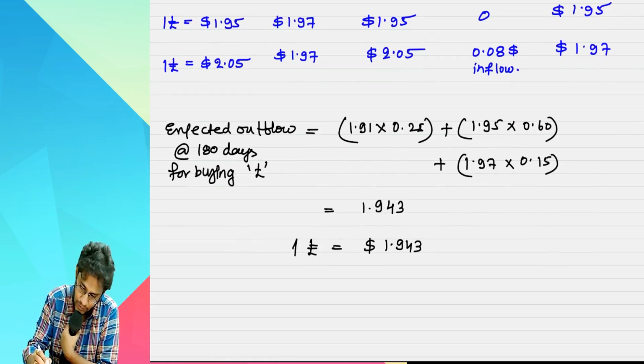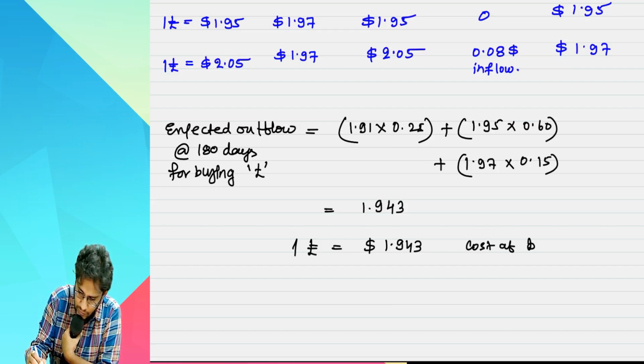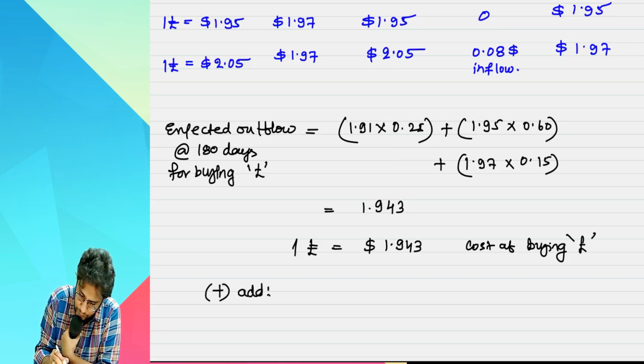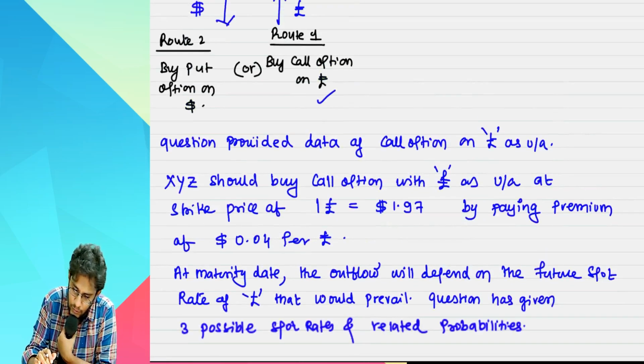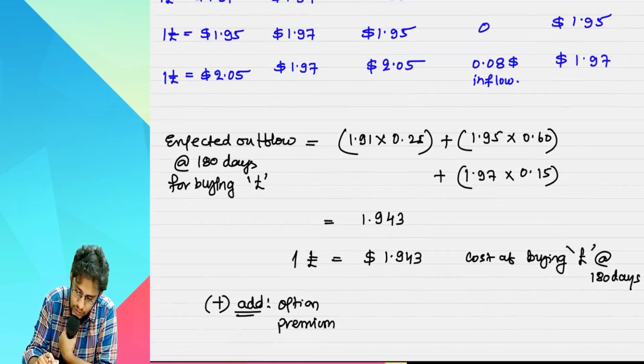So this is the cost of buying a pound. To this, add the option premium. First day you wrote something, 0.04.